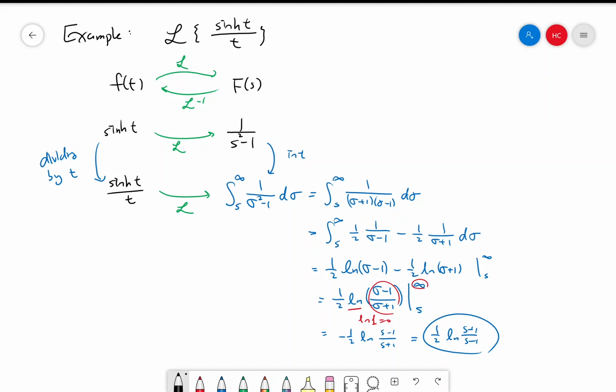All right, so we can also use the theorems to find the inverse Laplace transforms. So suppose we want to find the inverse Laplace transform of natural log of s plus 3 over s minus 1. First, we realize that natural log of s plus 3 over s minus 1 is natural log of s plus 3 minus natural log of s minus 1.